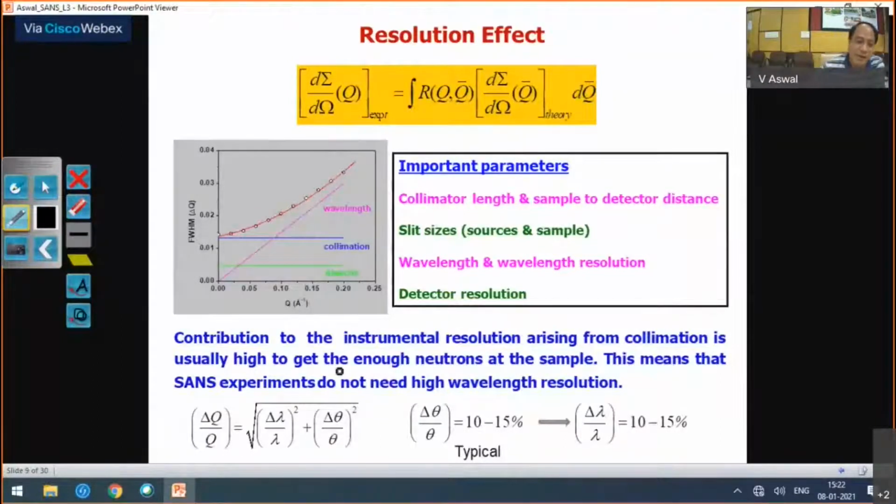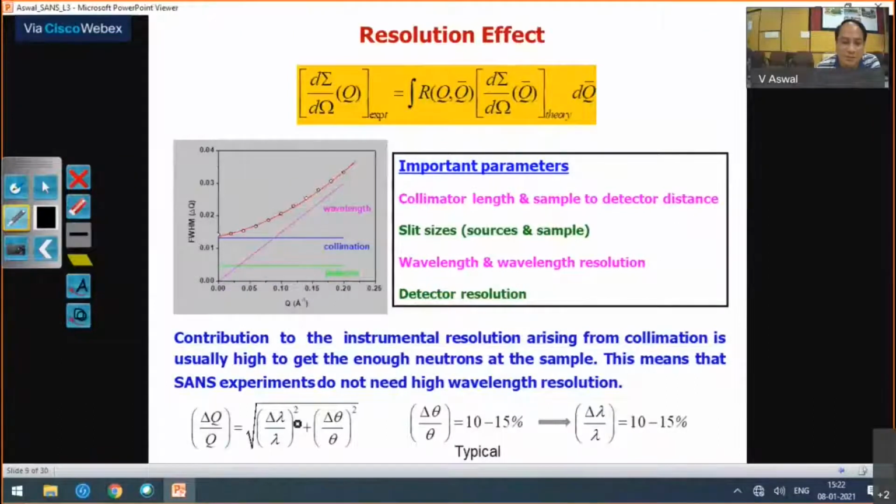But in the case of small angle neutron scattering, and the length scale of interest, to get enough scattering in a feasible time, usually you have this delta theta by theta of the order of 10 to 15%. So once your delta theta by theta is of this order, there is no point in tightening your wavelength resolution.